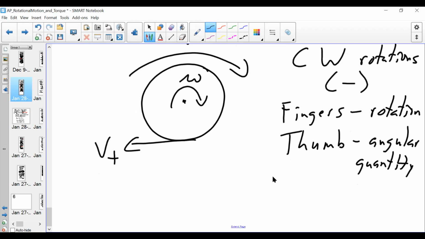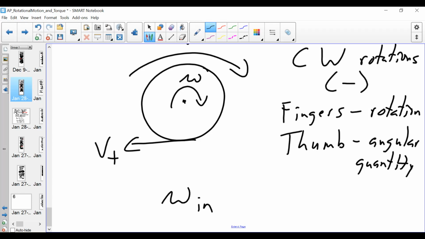So we get some more visible understanding of what is meant by negative direction for angular quantities. So in this case, it's a clockwise rotation, negative. That means that the angular velocity is going to be pointing into the plane of the page, or omega in.